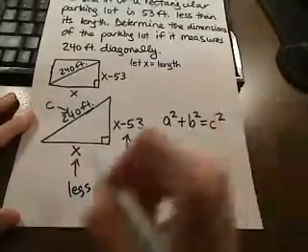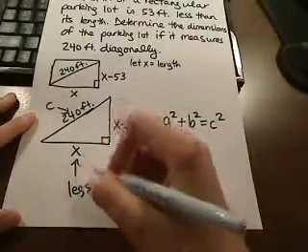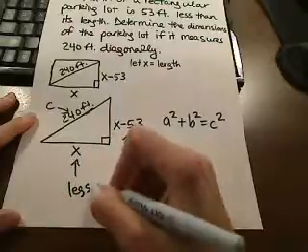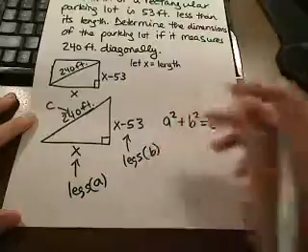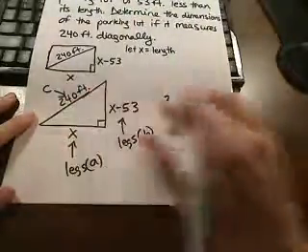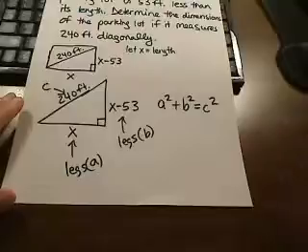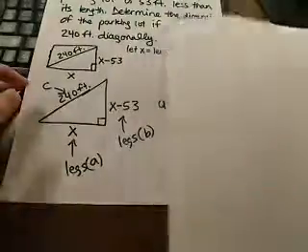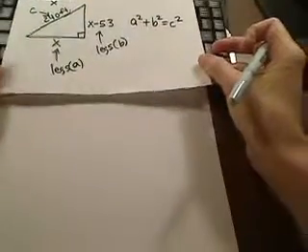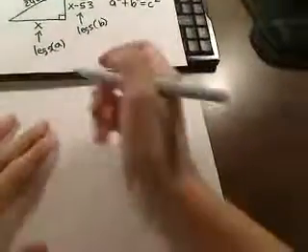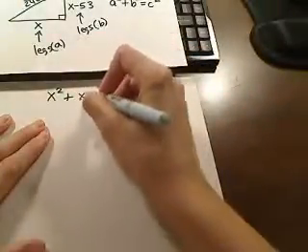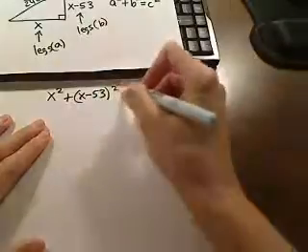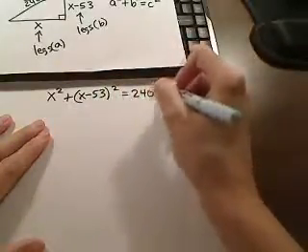Okay. All right, so what we're going to do is we're going to plug these in. Oh, I should have specified here. The legs are interchangeable, but I'm just going to go ahead and call this one A and this one B. Okay, so let's go ahead and plug these values in to our Pythagorean theorem, and we're going to need to solve it. So, okay, so we're looking at x squared plus (x minus 53) squared, and that's equal to 240 squared.